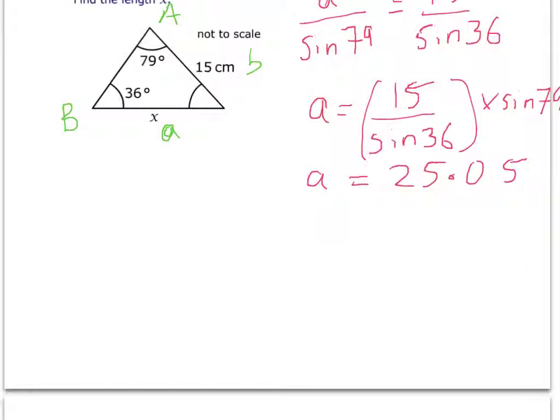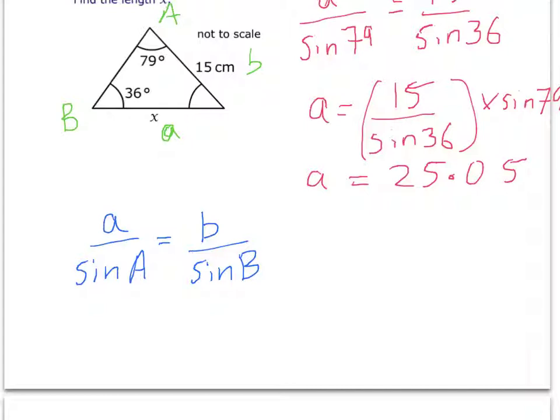Now, to find a missing angle, you need to slightly rearrange this equation. If we just look at involving two parts like we have done before, so a over sine A and b over sine B. Now, if we're trying to find a missing angle, so we're looking for the bit on the bottom, this form of the equation makes it a little bit more difficult because we're looking at 1 over sine of the angle.